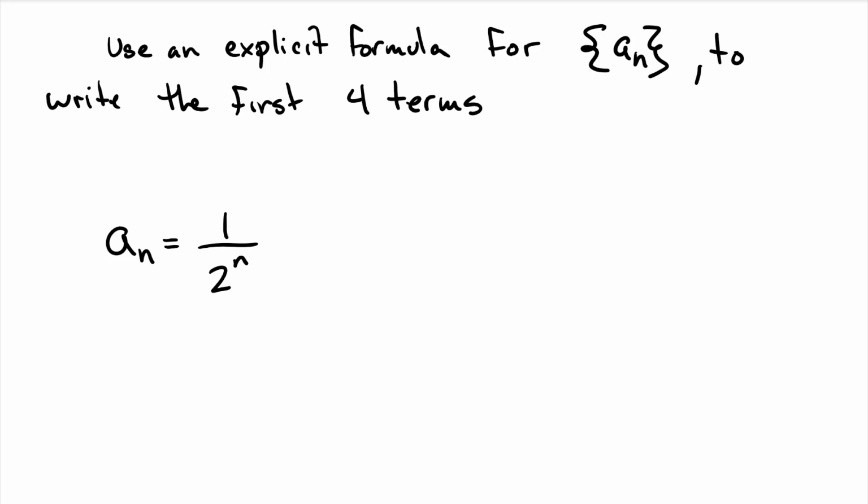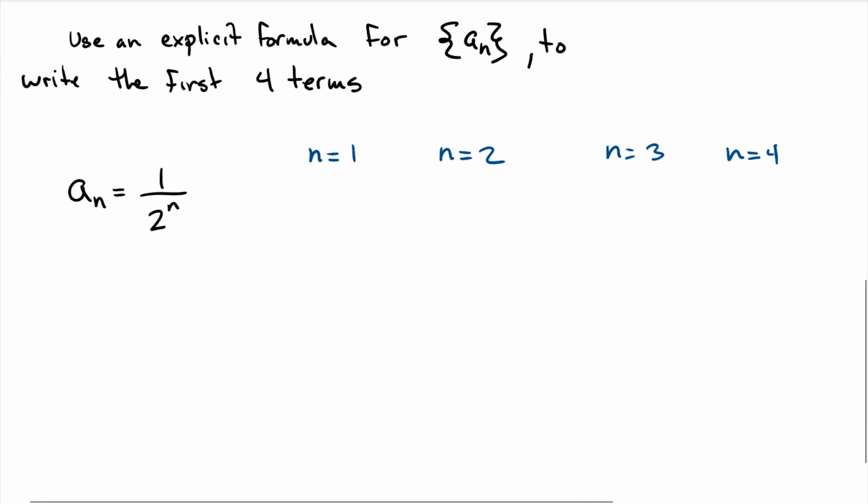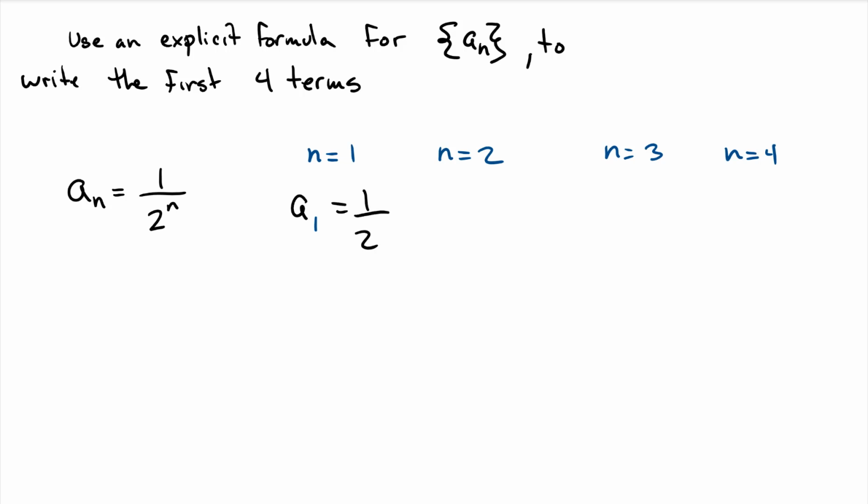So, let's just start. I'll write it out kind of easily. n equals 1, n equals 2, n equals 3, n equals 4. All right, here we go. a sub 1 is equal to 1 over 2 to the first. a sub 2 is equal to, and please don't write it out like this, I'm just writing it out the long way to try and make it look a little simpler. a sub 3 is equal to 1 over 2 to the third.